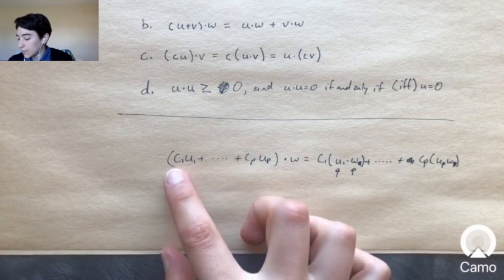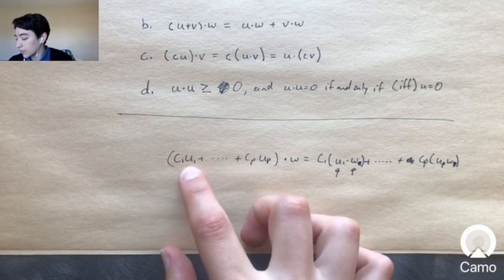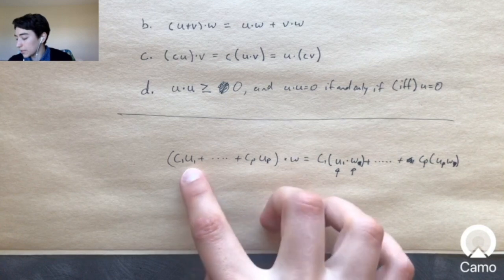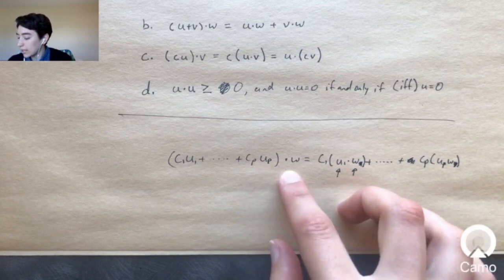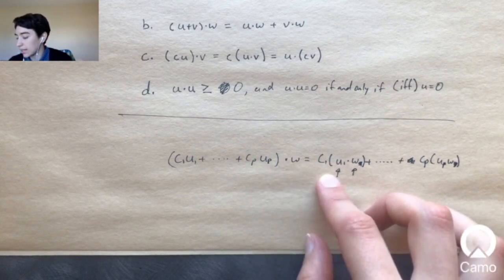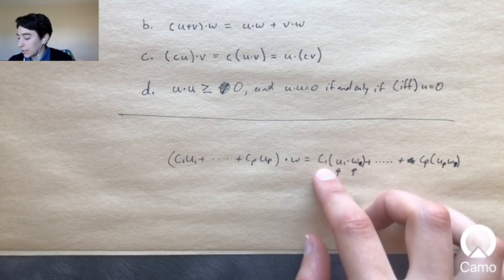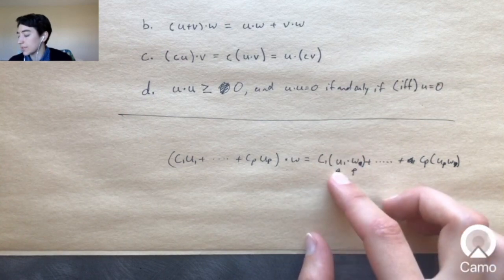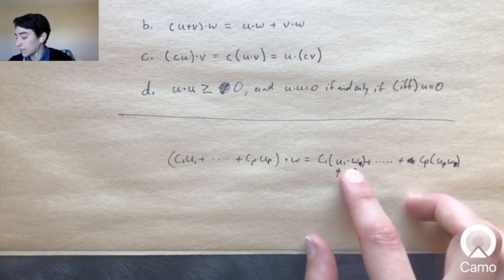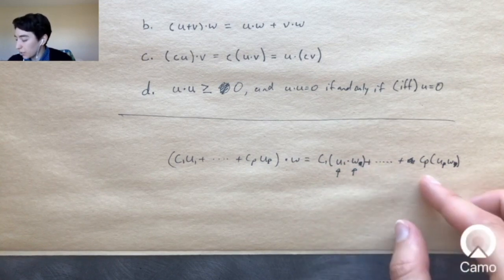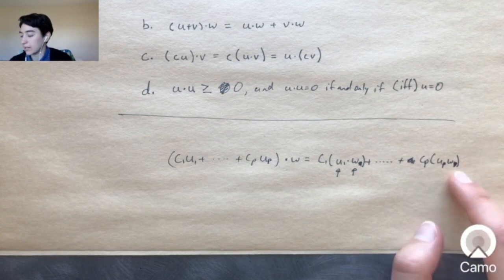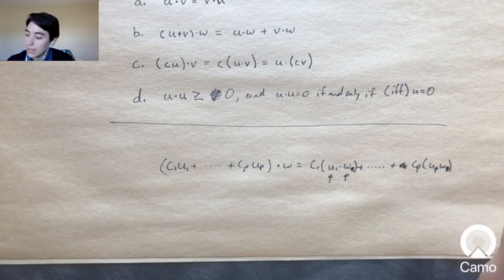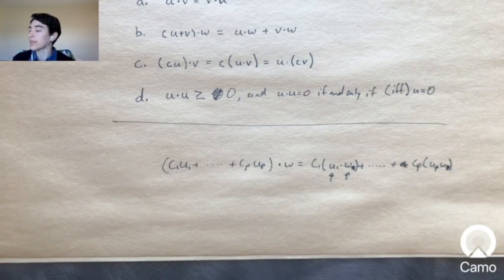So C1 times U1, so a scalar times an element of a vector, plus C2 times U2 up to CP times UP, times a vector W, is the same thing as the first scalar times the first element of the vector times the vector itself, plus the same format up to the last scalar times the last element of the vector times the vector. And that's just something that happens to be the case. So that might be useful to you.